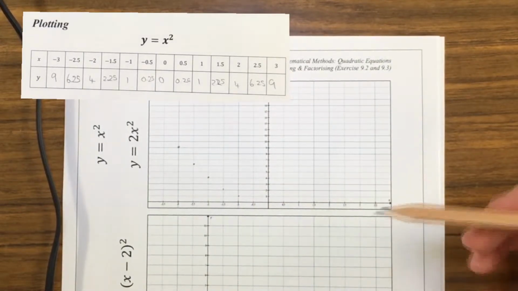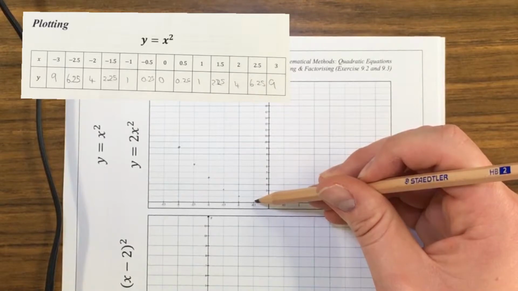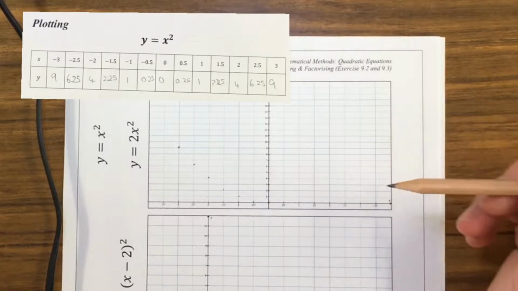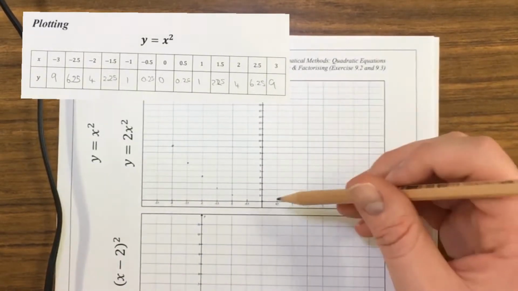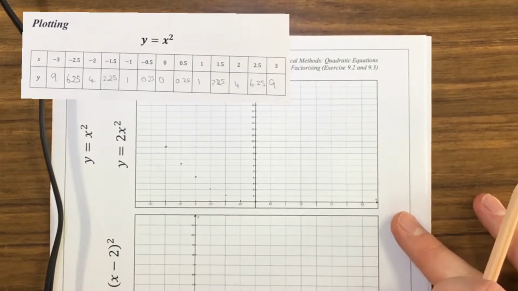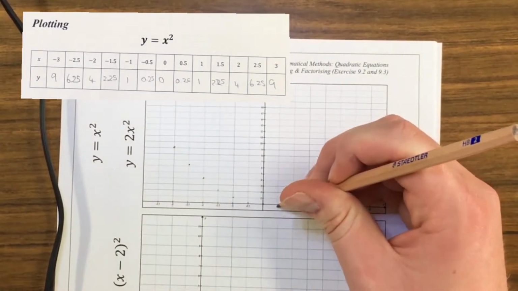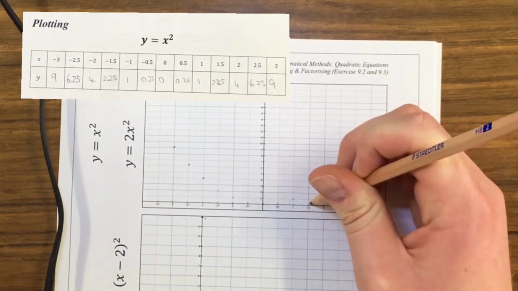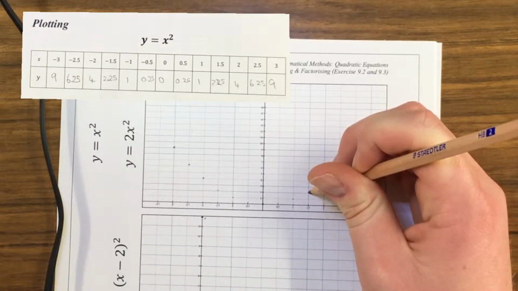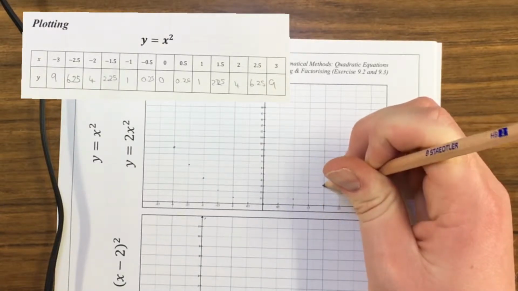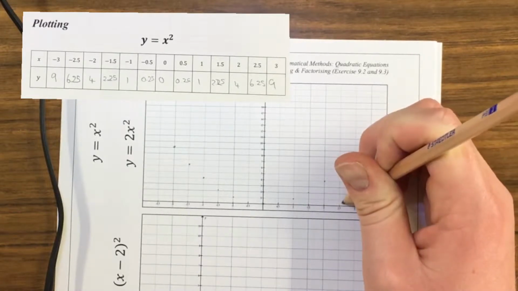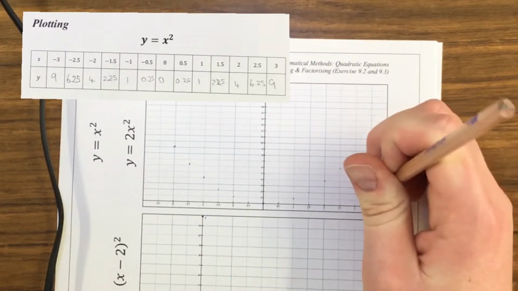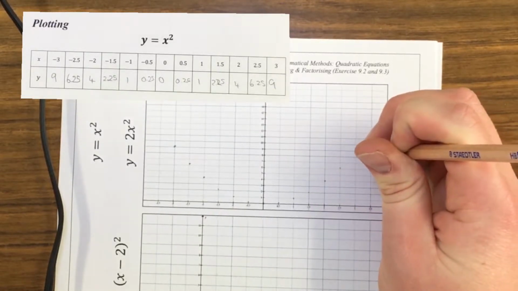You'll have to estimate to the best of your ability. 0.5, 1 to 1, 1.5 to 2.25, 2 to 4, 2.5, 6.25, and 3 to 9.